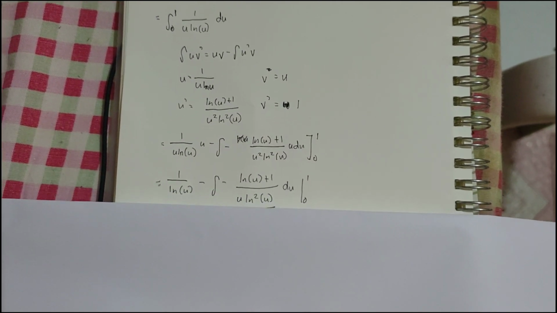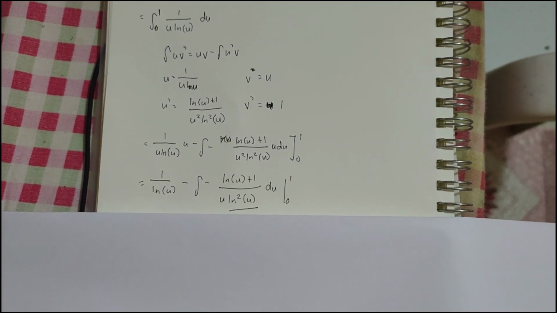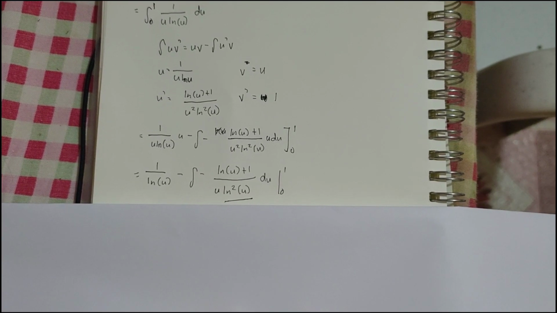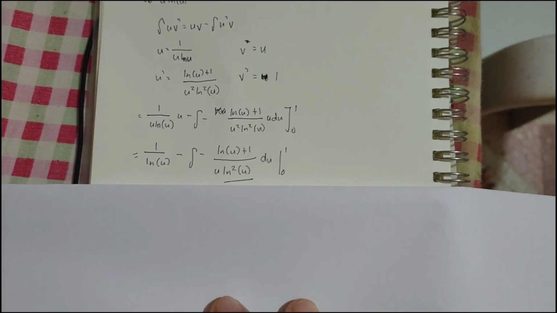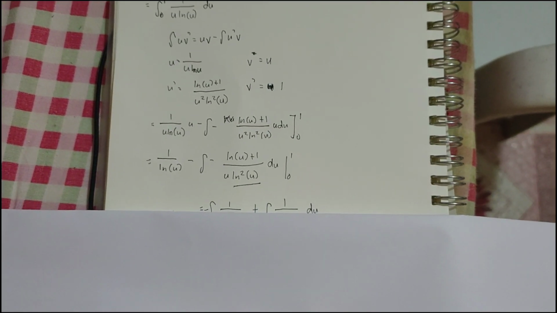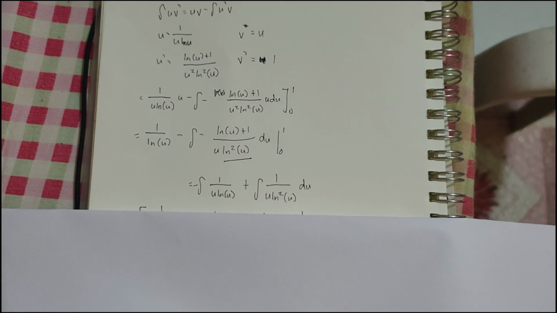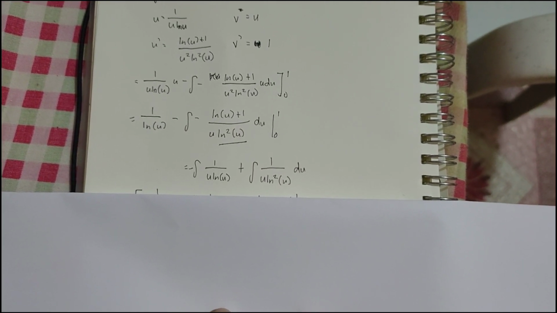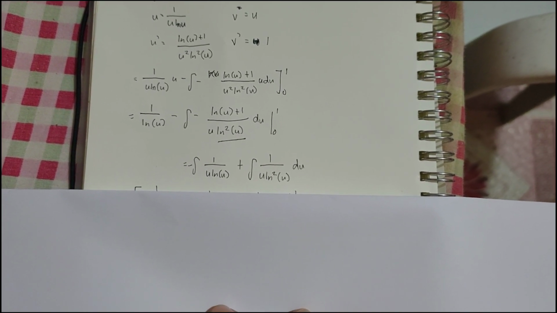We'll just copy the first term and we will simplify the second term, which is ln u plus 1 all over u ln squared u du, limits from 1 to 0. From here, we will expand this, and it is 1 all over u ln u plus 1 all over u ln squared u.